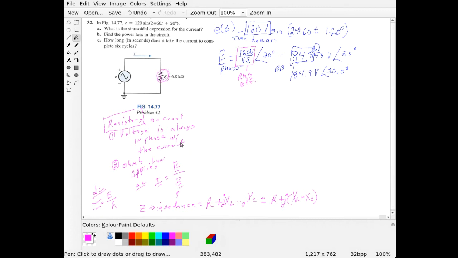But in this circuit, all I have is R, so all this other stuff just goes away.